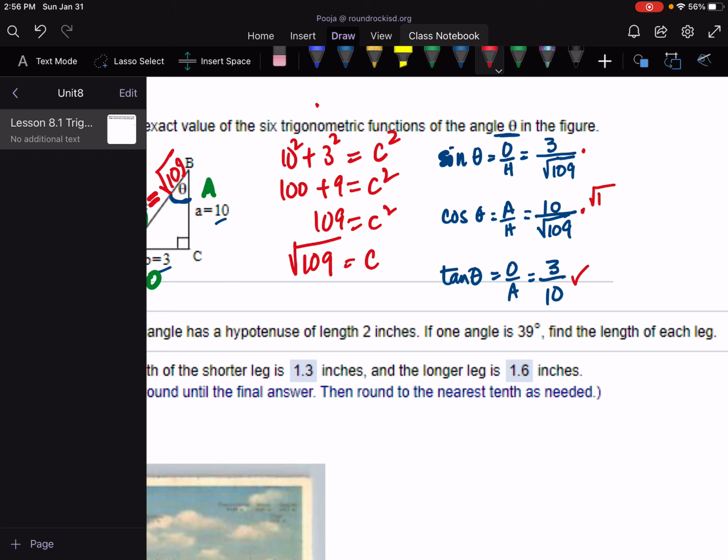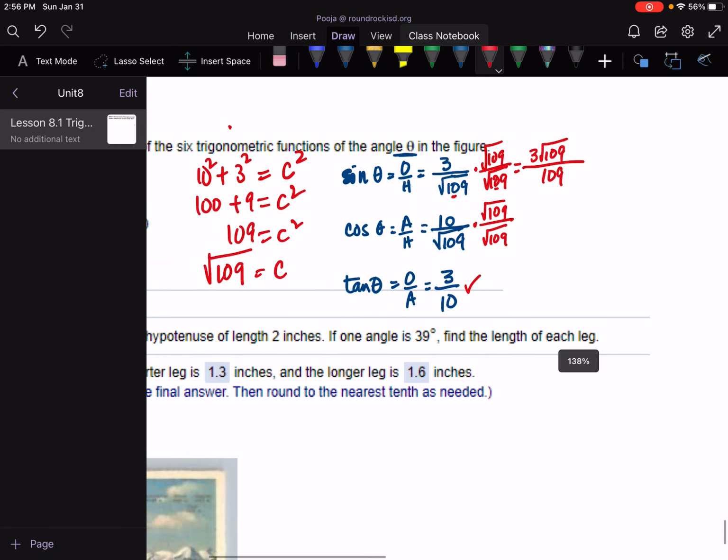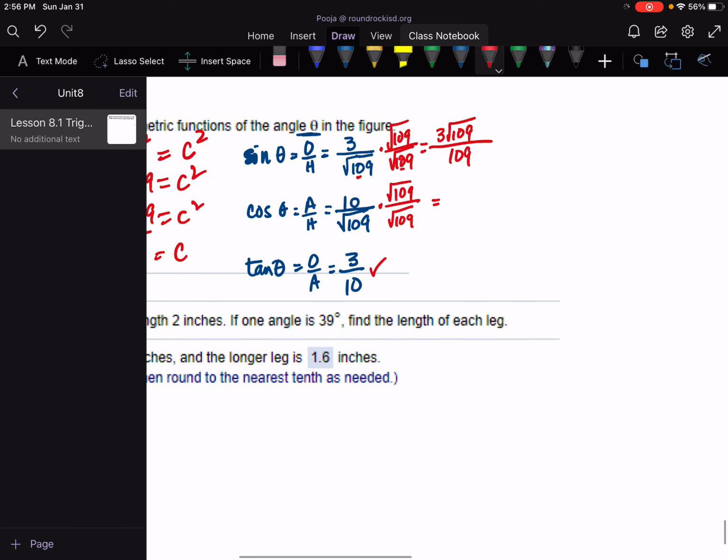So we will have to rationalize it. That turns out to be 3 root 109 over root 109 times root 109, which is just 109. Same thing here, 10, don't forget the 10. It's 10 times root 109 over 109, because that times that is 109.